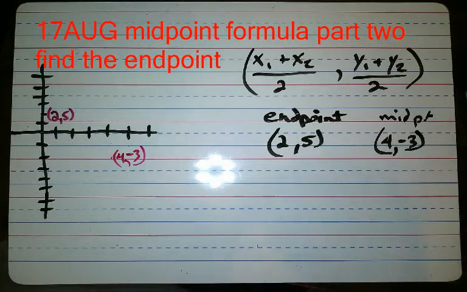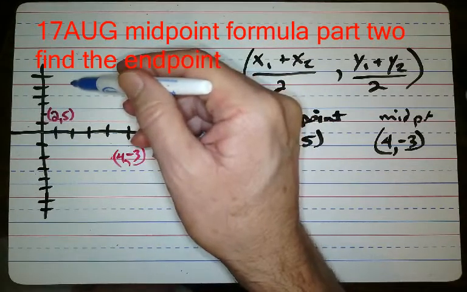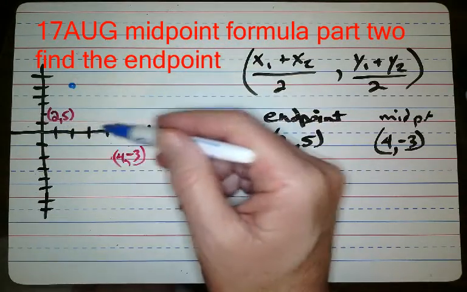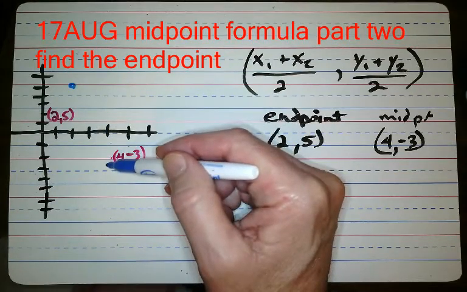Okay, so 2, 5: over 2, up 5, about right there. Over 4, down 3, about right there.